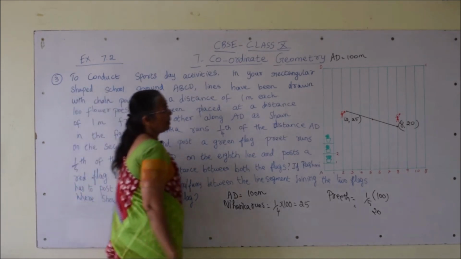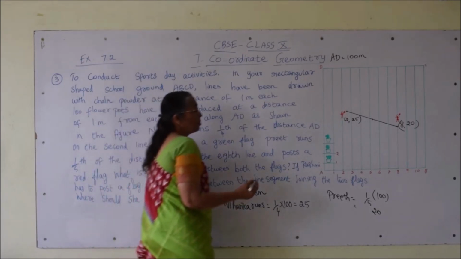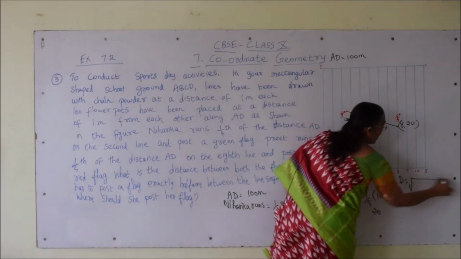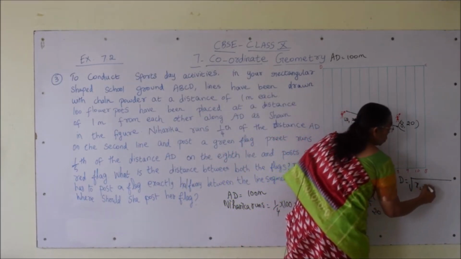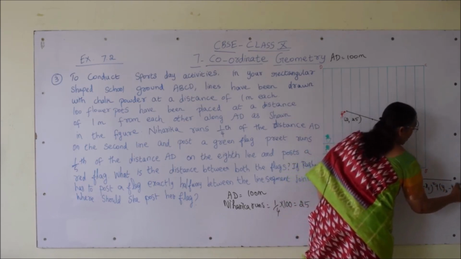Okay. First part of the question: what is the distance between these two flags? The distance formula is, if this is x1 y1 and this is x2 y2, the distance between the 2 points is given as root over (x2 minus x1) whole square plus (y2 minus y1) whole square.